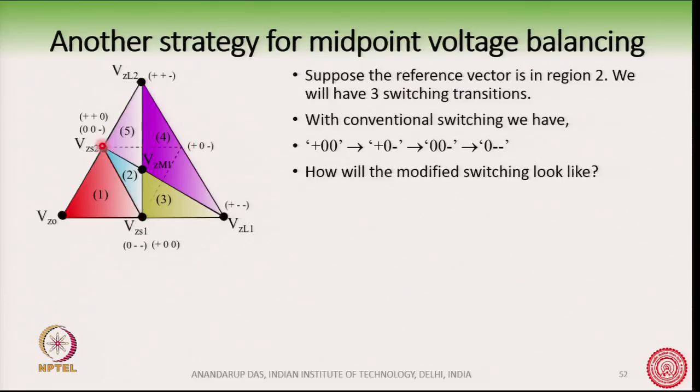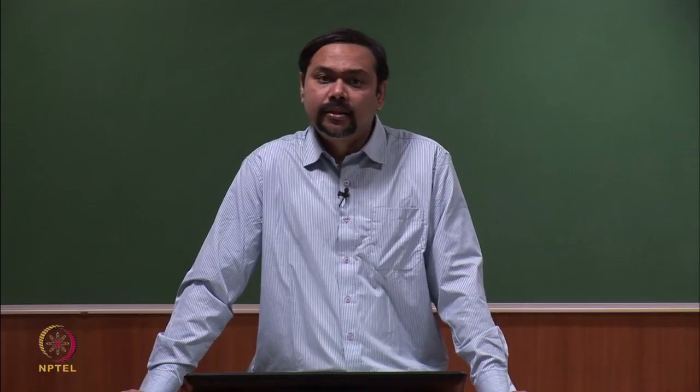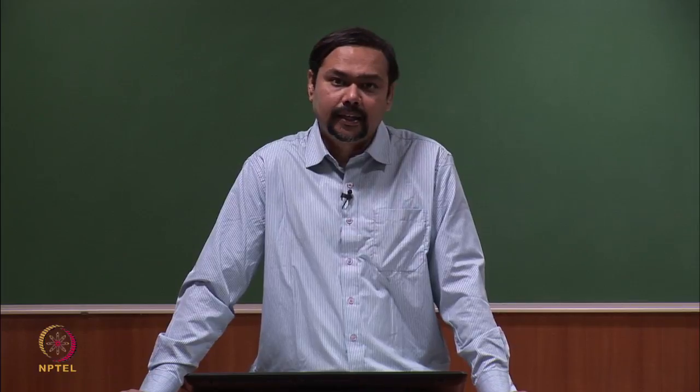So, will it not increase the switching frequency? Yes, indeed it will be increasing the switching frequency, and that is correct. By use of this Vzm1, the switching frequency in fact increases by about 33%. However, the midpoint voltage fluctuation is highly minimized with this technique.